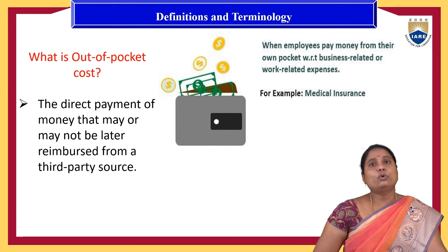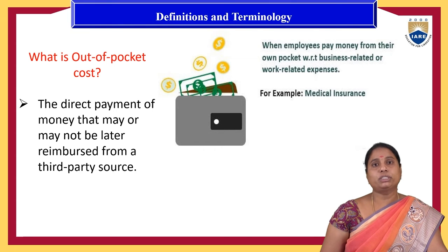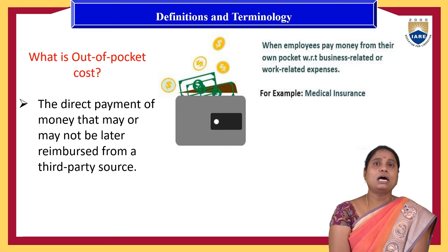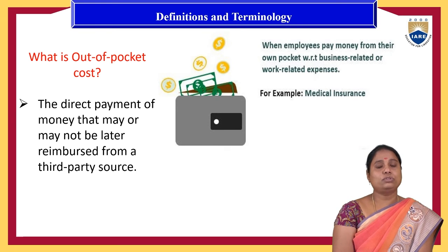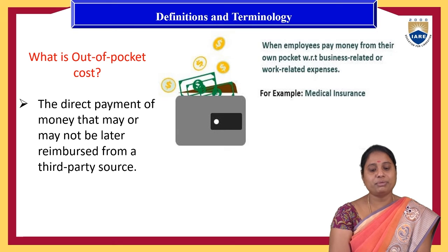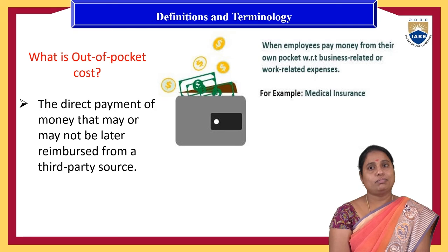Next one is out of pocket cost. The unexpected expenditures which are incurred by the people will be called the out of pocket cost. So the direct payment of money that may or may not be later reimbursed from third party sources will be called the out of pocket cost.